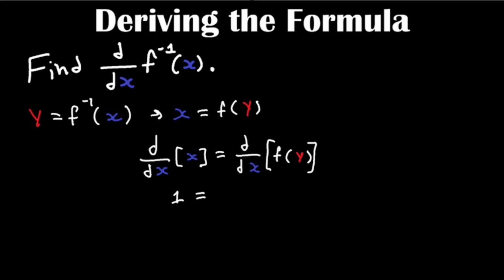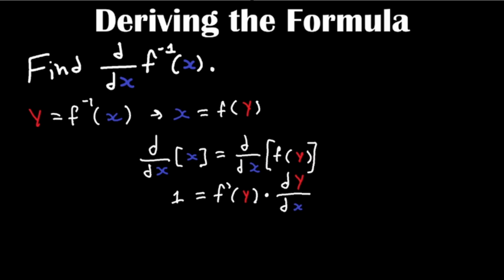Chain rule says we do the derivative of the outside evaluated at the inside, all multiplied by the derivative of the inside. The derivative of the outside is f prime, evaluated at the inside, so f prime of y, multiplied by the derivative of y, which is just dy dx.